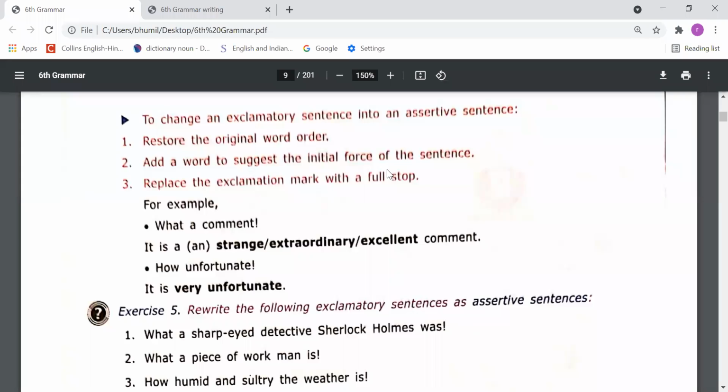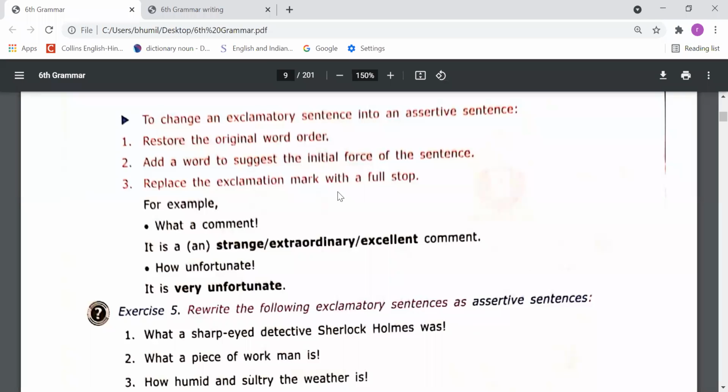Suppose you say, what a beautiful car it is. So instead of what, you need to add another word. When you say this sentence in assertive formation, you will say, it is a very beautiful car. So instead of what, you have used here very. What a beautiful car. But when you say this sentence in assertive formation, you will say, it is a very beautiful car, right?